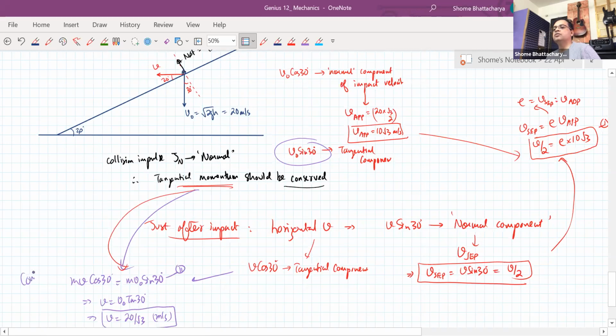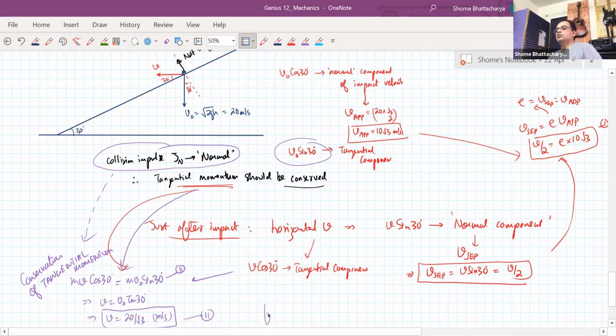This is coming from conservation of tangential velocity or tangential momentum. And why we are able to conserve tangential momentum is because of the reason I've told you earlier, that the collision impulse is normal. So the tangential component of momentum should be conserved. Okay, so now you connect equations 1 and 2.